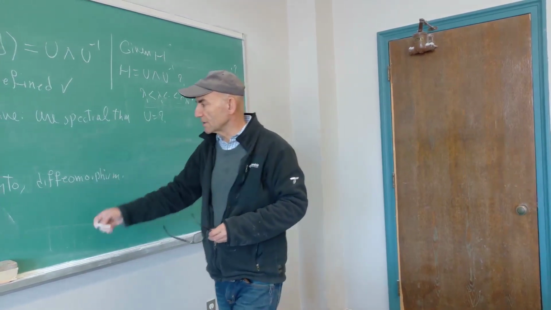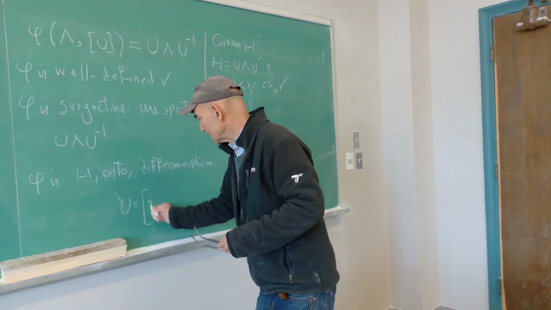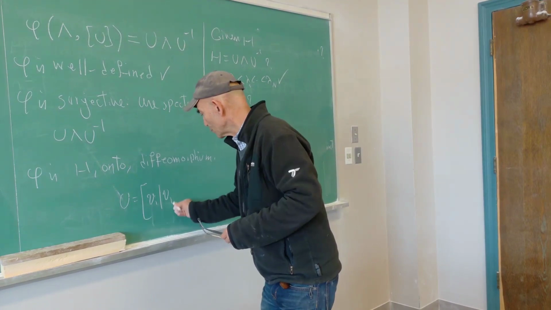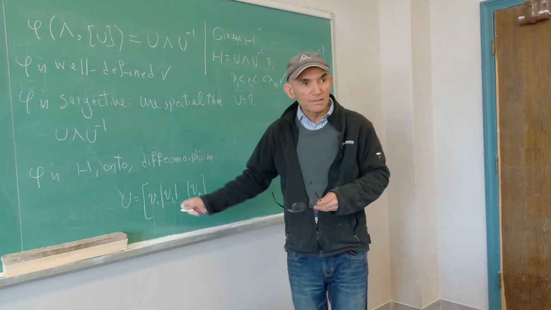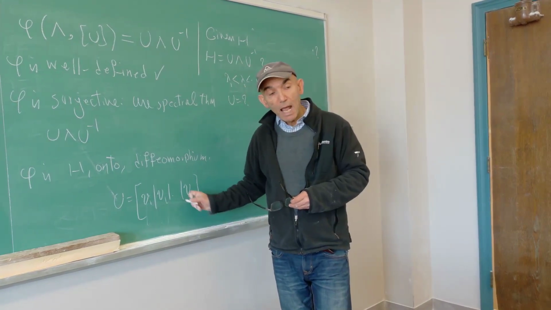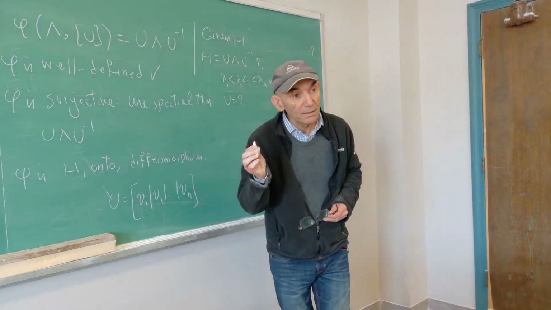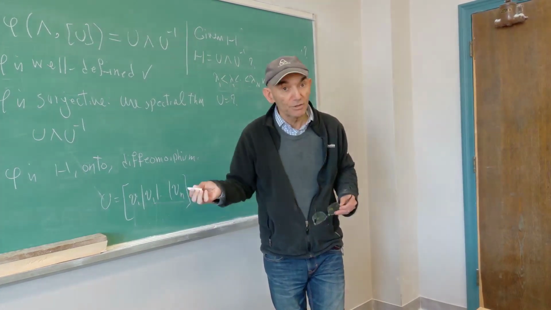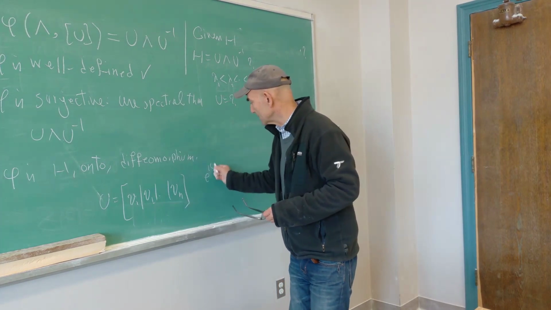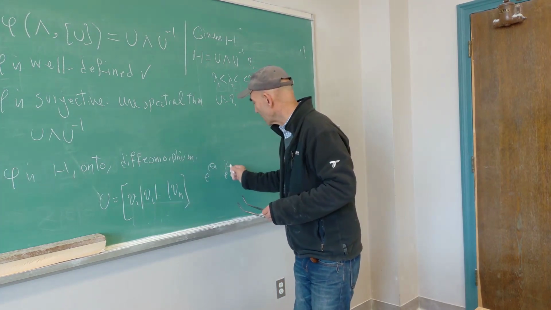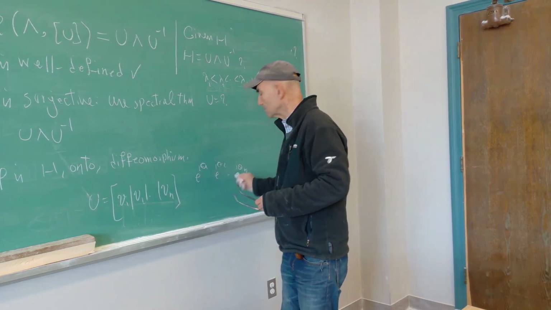So U actually turns out to be V1, V2, up to Vn. These eigenvectors are uniquely determined up to phase, because they have to be unitary. So they are only determined up to phase e to the i theta 1, e to the i theta 2, e to the i theta n.